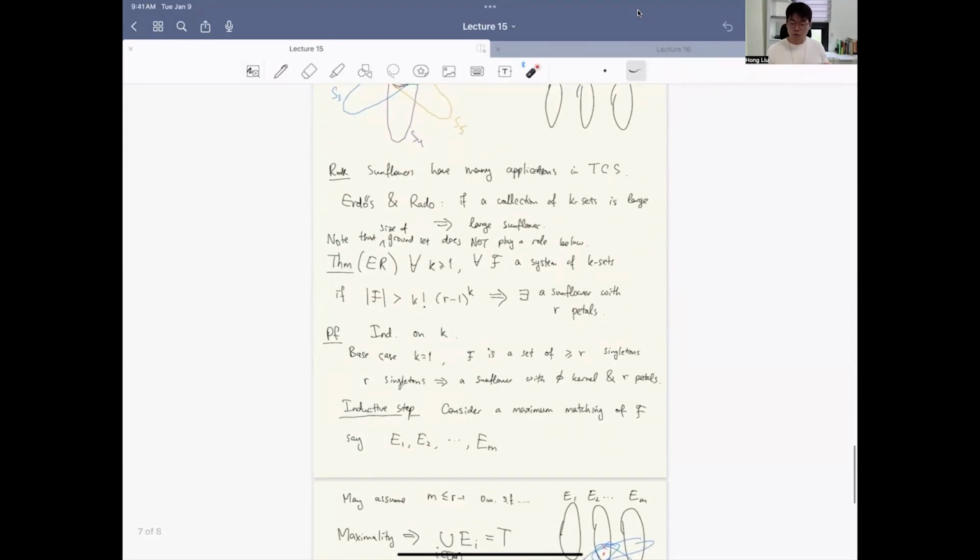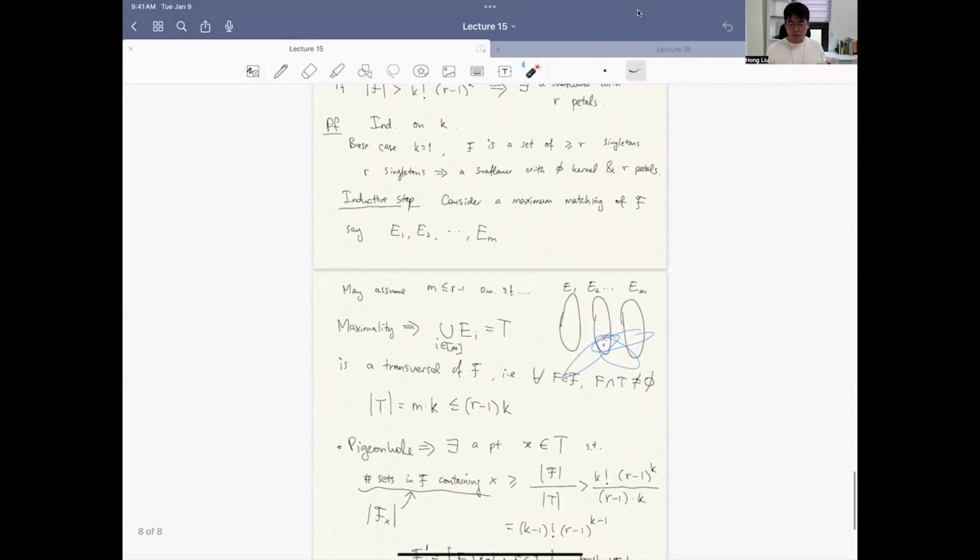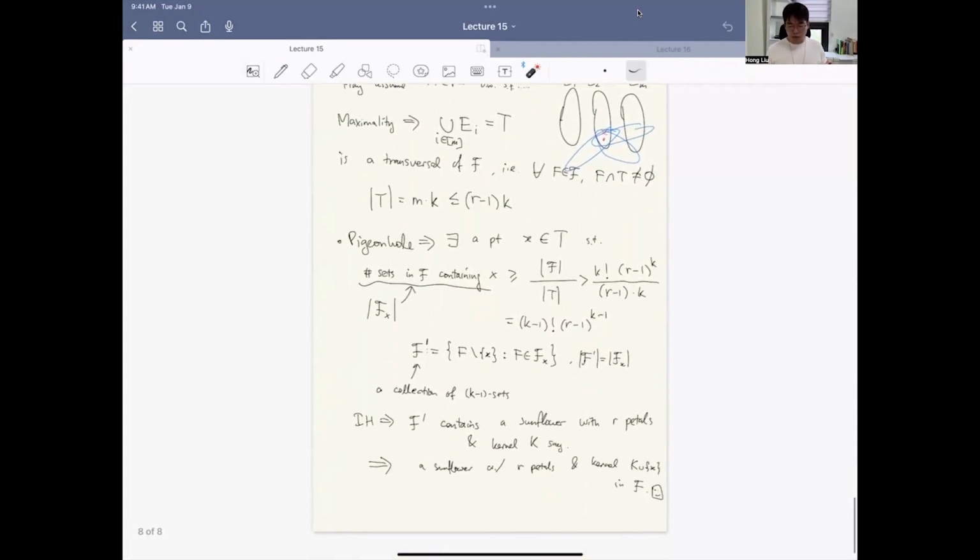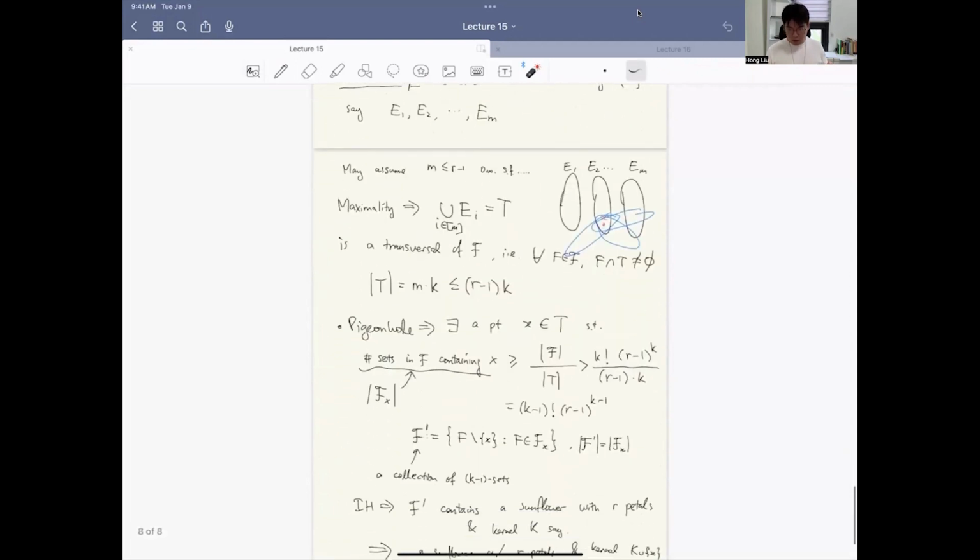Erdős and Rado, back in the 60s, proved that the size of the ground set does not play a role. The ground set could be anything. All it says is that if we have a uniform set system of k-sets, provided that we have enough sets in this system, then we can always find a sunflower with many petals. The proof is by induction on k, an easy proof.